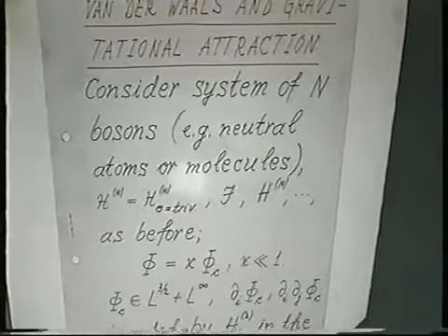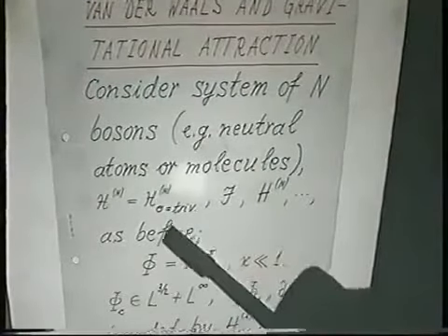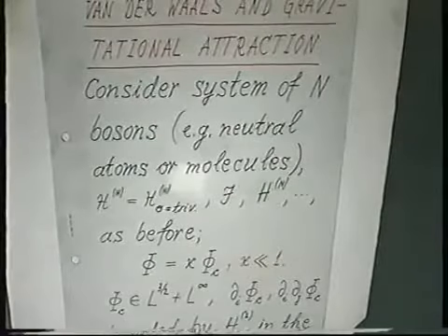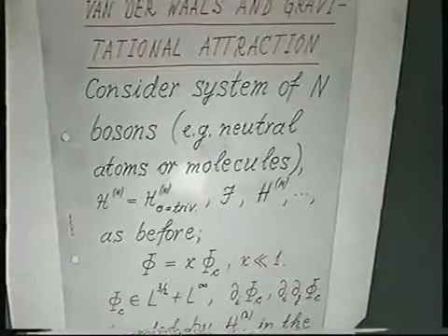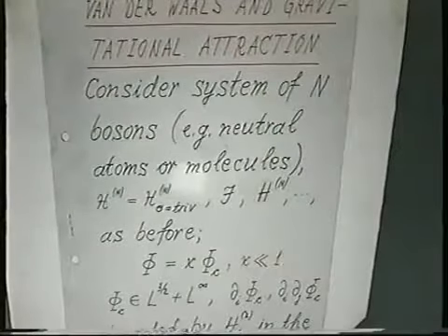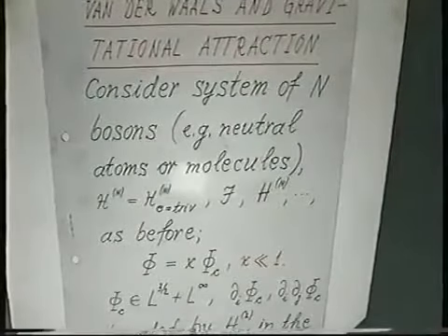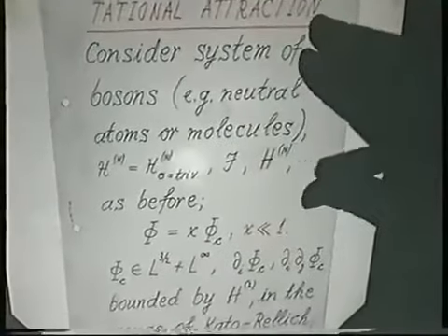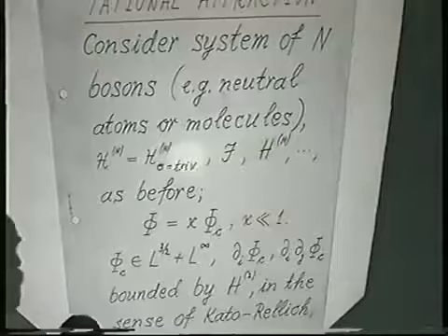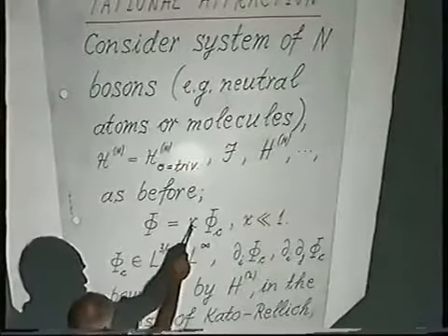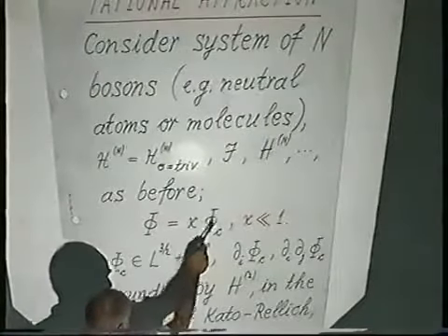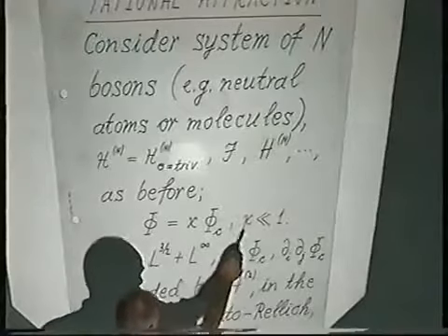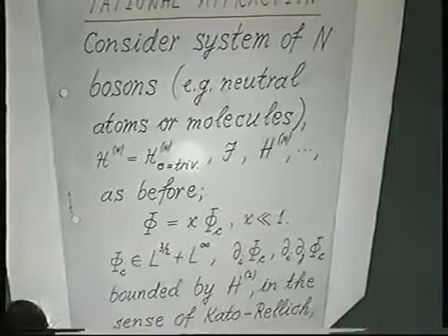All right, so the statistics is described by the trivial representation of the permutation group, and then we have the Fock space, the m-particle Hamiltonians, etc., all as introduced before. I introduce a coupling constant. I say that my two-body potential is a parameter kappa times phi_c, and kappa will be very small.